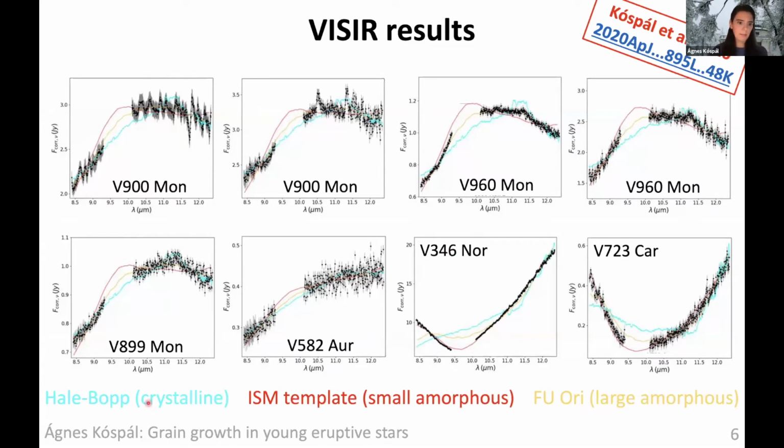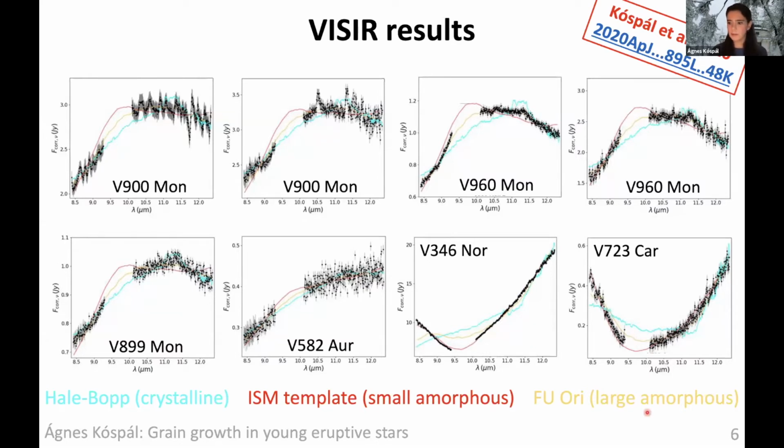We used, for example, the spectrum of the comet Hale-Bopp, which is dominated by crystalline silicates. And we also used the spectrum of the ISM, the interstellar medium, which is dominated by small amorphous dust grains. And we also used the spectrum of FU-Ori, the prototype of the class.